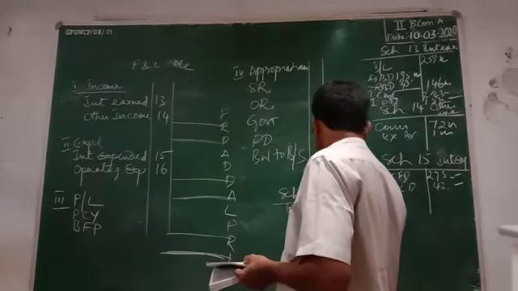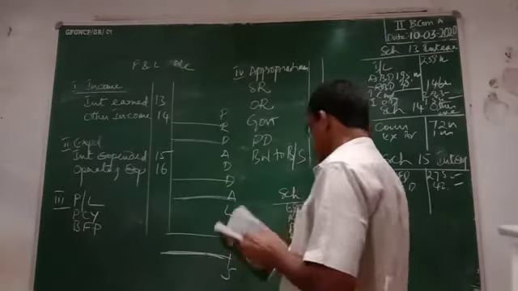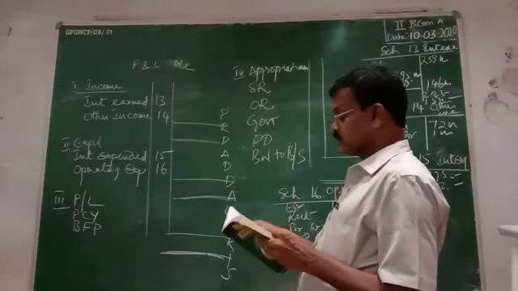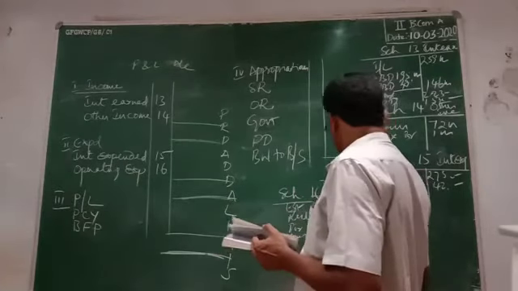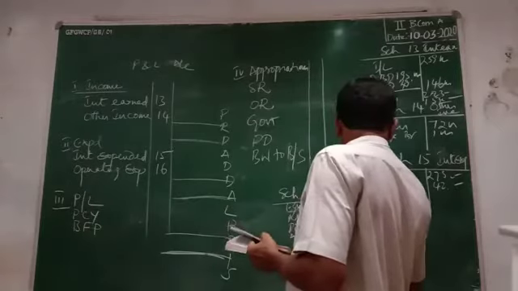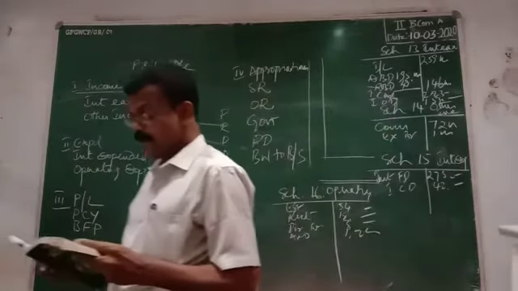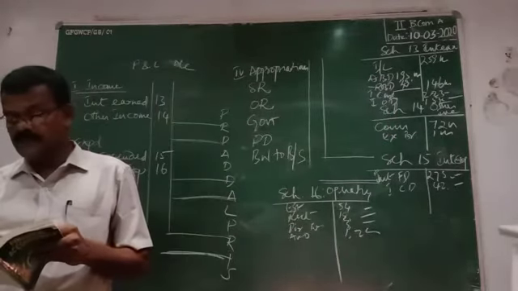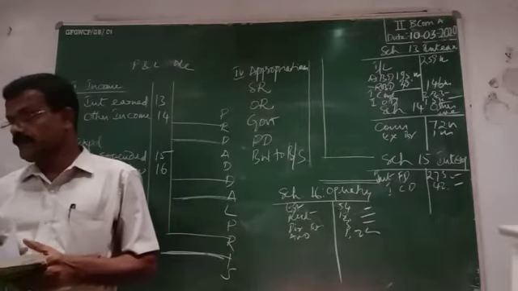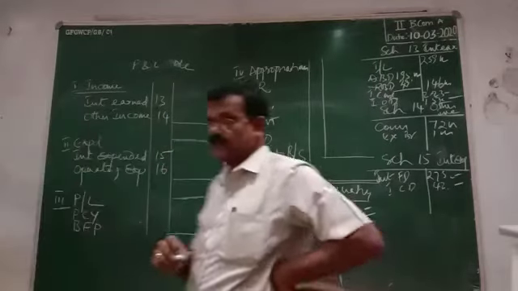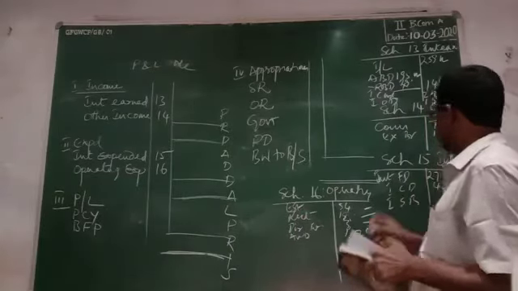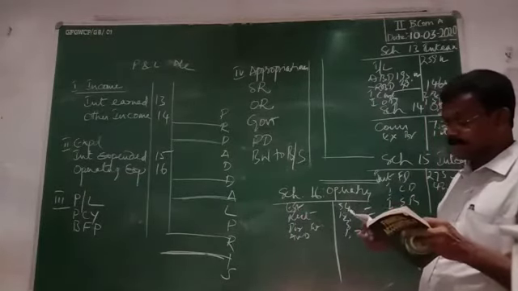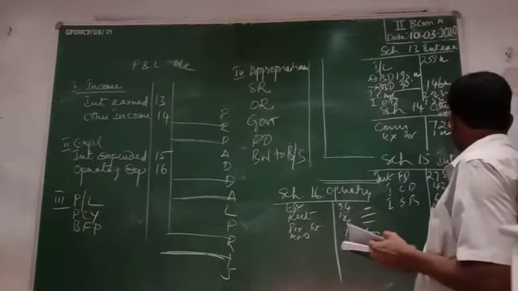Directors fees rupees 3,000, auditors fees rupees 1,200. And interest on SB deposits, that is interest expended, interest on SB deposits rupees 68,000.